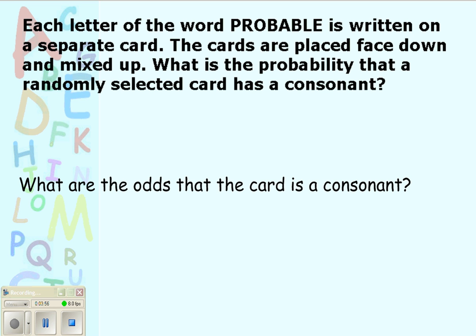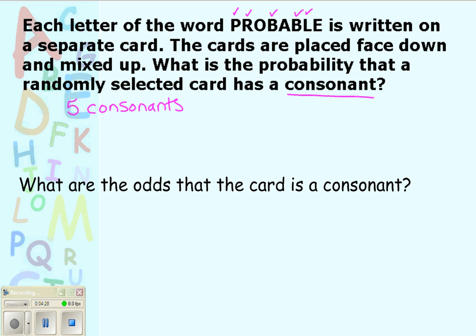Each letter of the word probable is written on a separate card. The cards are placed face down and mixed up. What's the probability that a randomly selected card has a consonant? From the word probable, the consonants are all those letters that are not vowels. So P, R, B, B, and L. I would have 5 consonants, right?